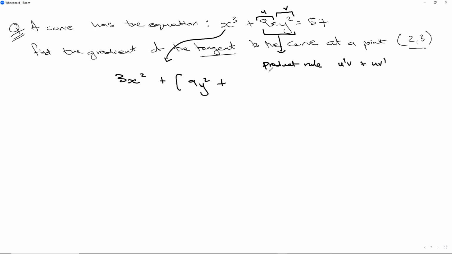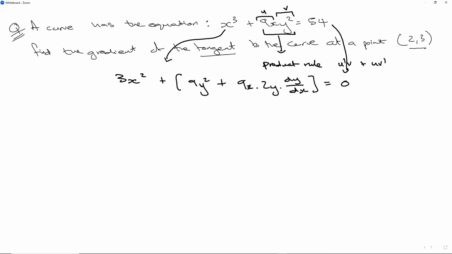And if I plus u, which is 9x, and v dash, which is now deriving y squared to become 2y, multiplied by dy/dx, because we're deriving y now, then that should be perfectly in order where I have done it correctly. And on the right, this is all equal to 0, since the derivative of 54 is 0.